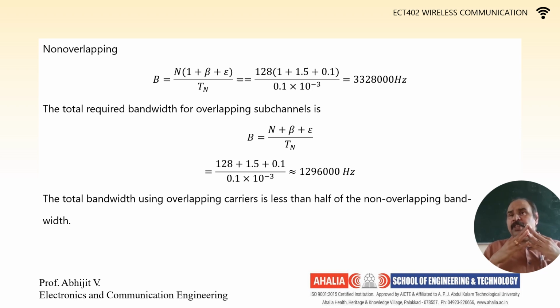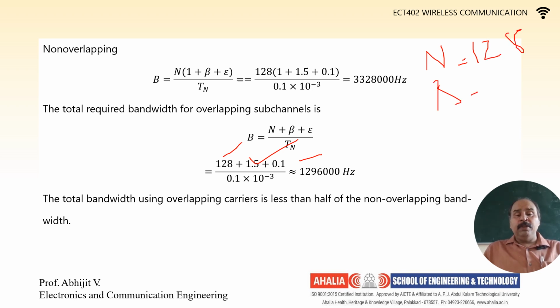Now let us consider the second case where we have channels being overlapped. The total bandwidth for overlapping subchannels B is given by B is equal to (n plus beta plus epsilon) by Tn. Substituting all the values, n is equal to 128, beta is equal to 1.5, and epsilon is 0.1. I'll write it here for easy understanding. N is equal to 128. We have 128 subchannels.